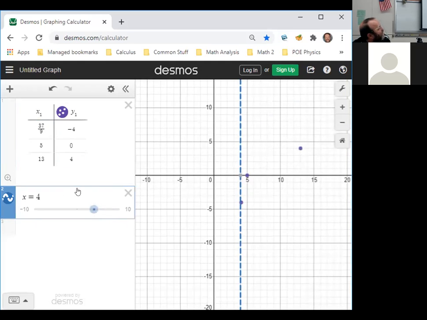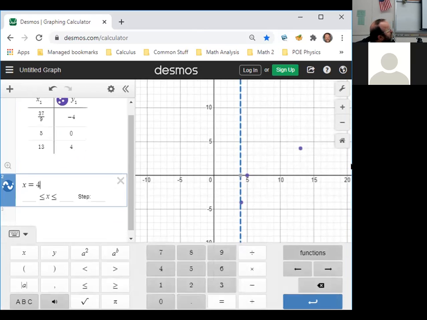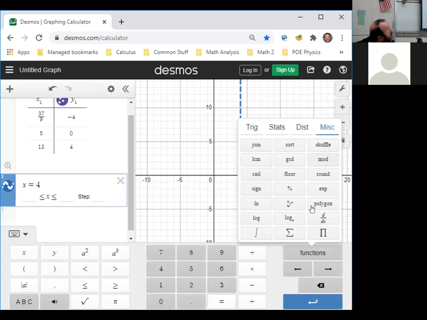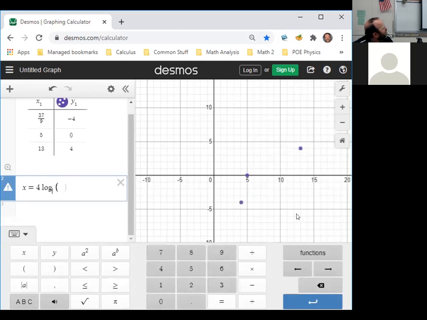Now, where am I going to find that fancy little log button? Remember, I told you there's a place in here where it will graph logs for me. We go over to keyboard, functions, miscellaneous, and there it is. So, I just messed mine up.